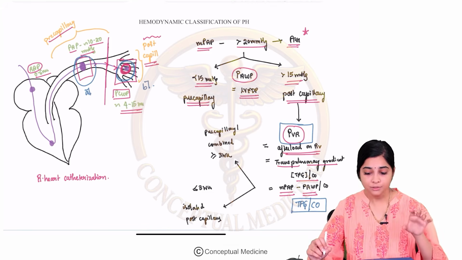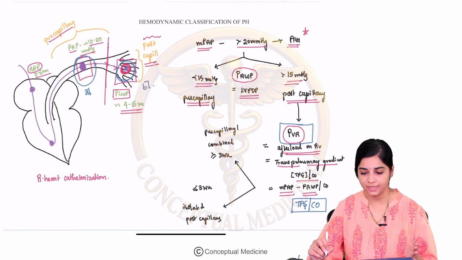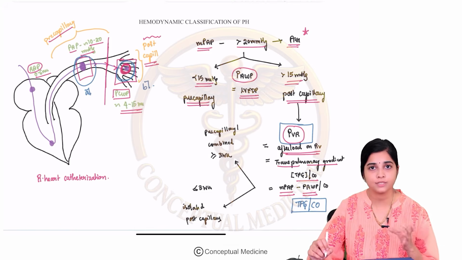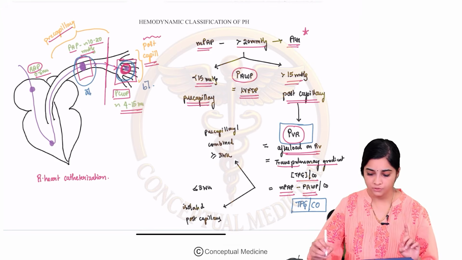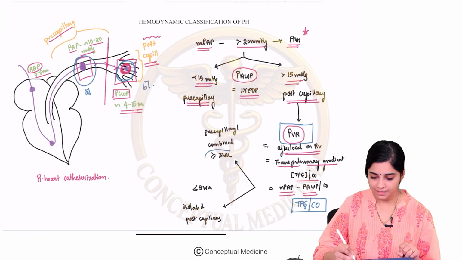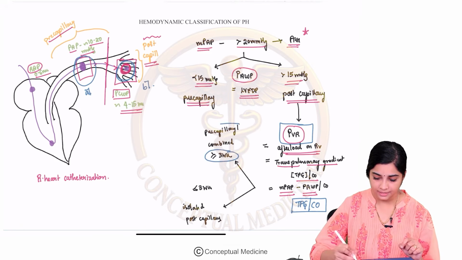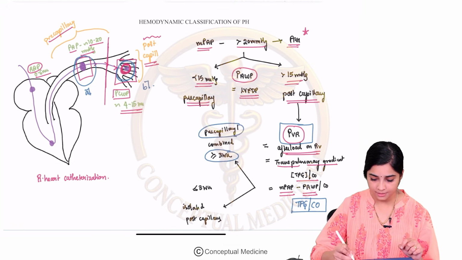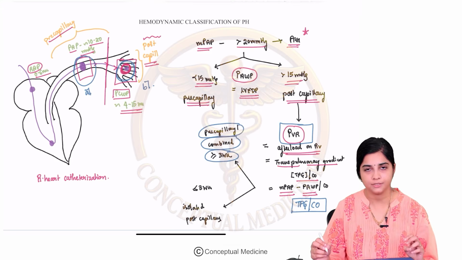Clear? So whenever you are looking at post-capillary pulmonary hypertension, you also have to look at the pulmonary vascular resistance, which is given by the transpulmonary gradient by cardiac output. So if this value, pulmonary vascular resistance, is more than 3 Wood units, it is a pre-capillary plus post-capillary or a combined pulmonary hypertension.